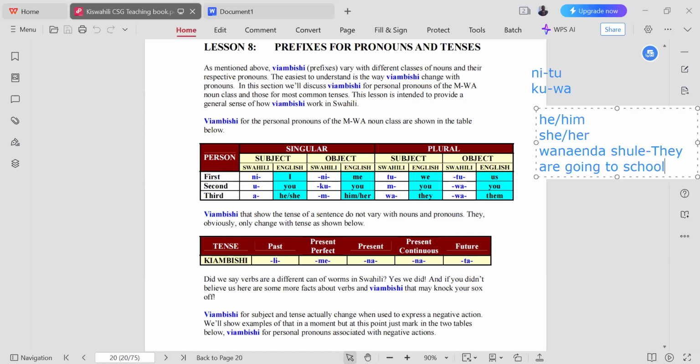Shule is school. So here is wanaenda. Wa is they.